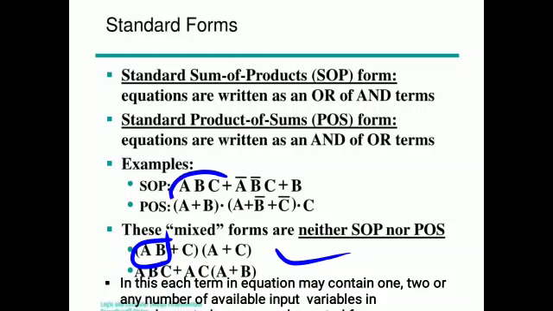See here, this term has three variables, A, B, C, and the last term has only one variable, B. So the standard form may have a single or n number of variables in each term. Each term may contain one or many variables. The same is true for POS form also.